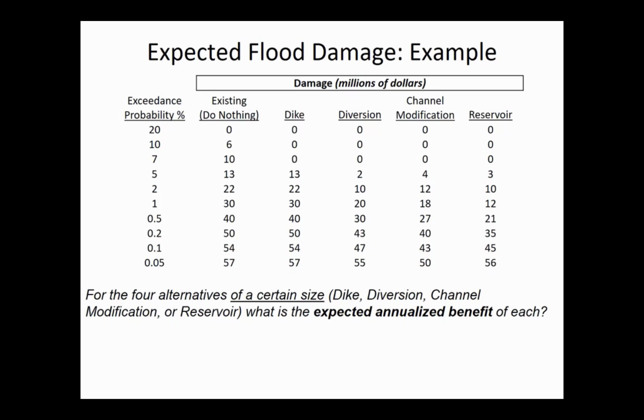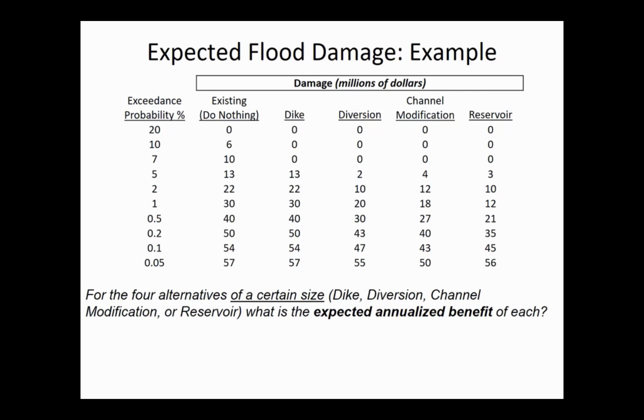Some of the others change the relationship slightly, like the diversion. With the diversion, you not only prevent more of the storms, so you only see any damage at the 5% probability, but it's also less damage. Instead of the 13 million, with the diversion you're only seeing 6 million once there begins to be any damage.